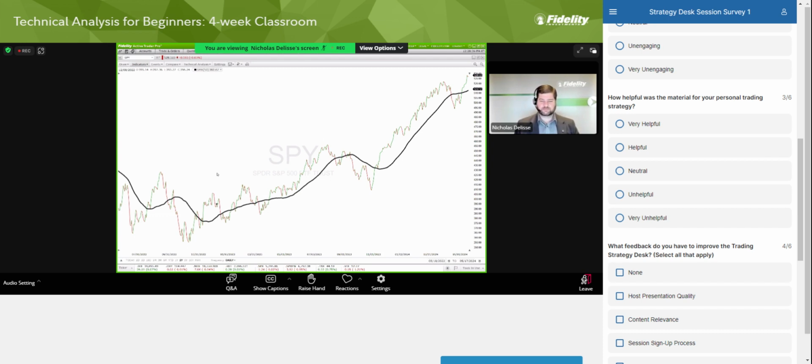And so a couple different signals we have over here. Really have two sets of signals here. One, price crosses above, it's a buy signal, back below, sell signal, above, buy, back below, sell, so to speak.